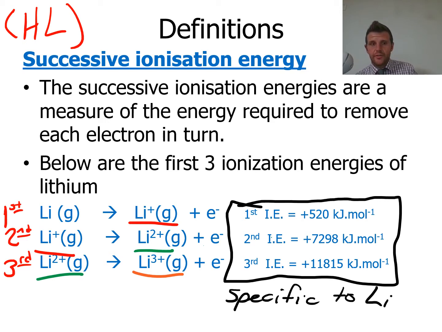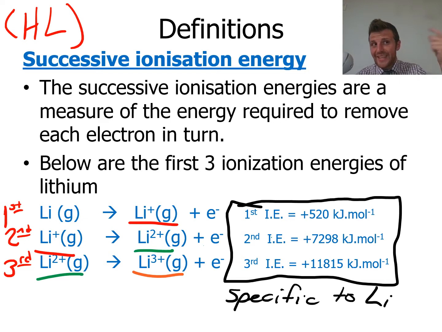Each element and each ion will have its own specific ionization energy. Lithium is a little bit different. Very rarely are you going to see changes in energy from the first ionization energy to the second, and the second to the third, this large. These changes are massive, and you'll start to understand why.